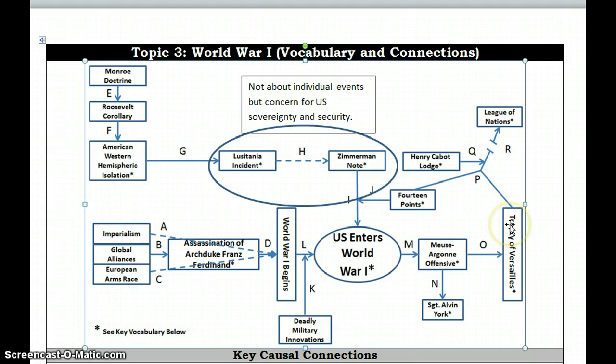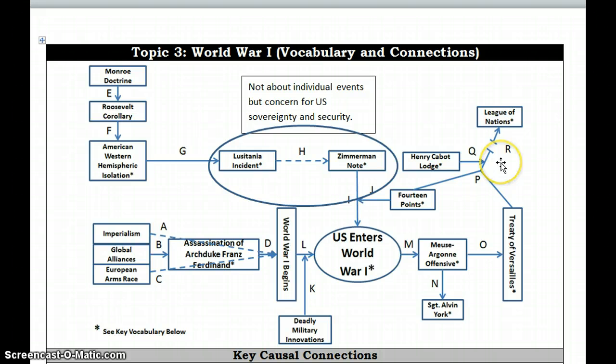Now, Wilson, when he goes to Versailles to negotiate the treaty, he takes no one with him. Mind you, that according to U.S. law, the Congress actually has to okay a treaty. The president can't sign a treaty without the full support of Congress. So once he returns, Senate Majority Leader Henry Cabot Lodge complains about some of the tenets of the Treaty of Versailles.